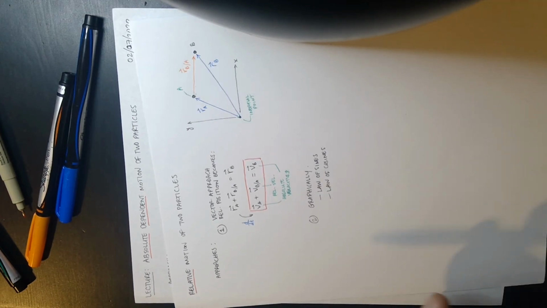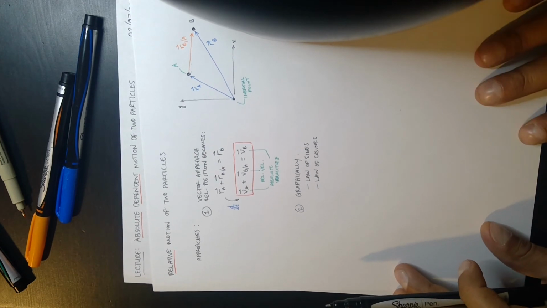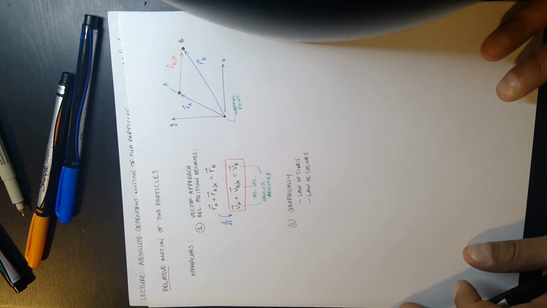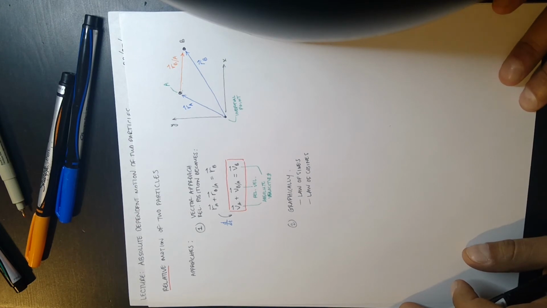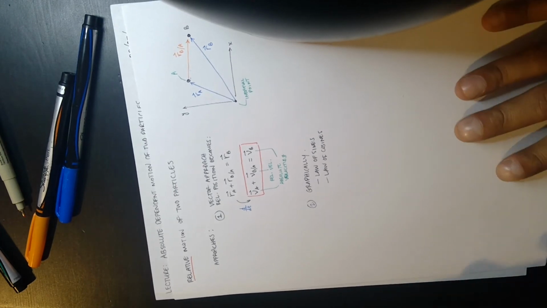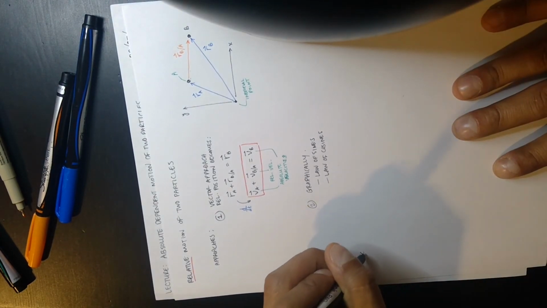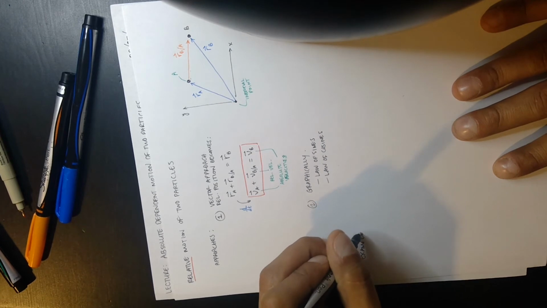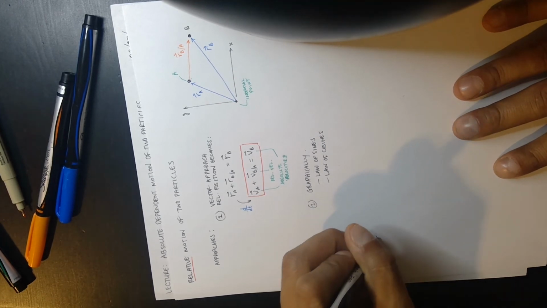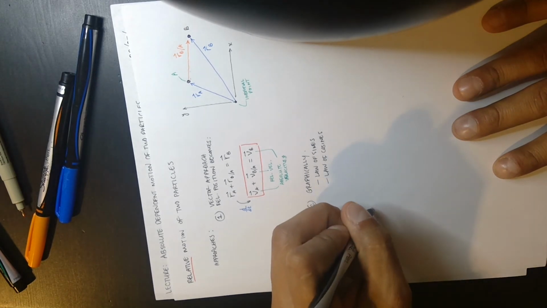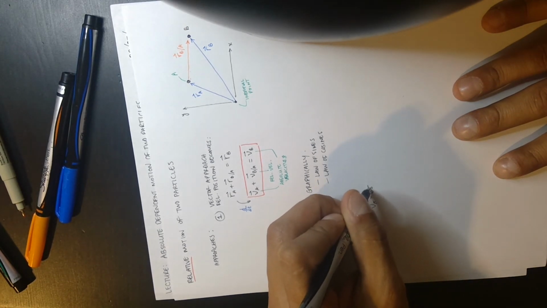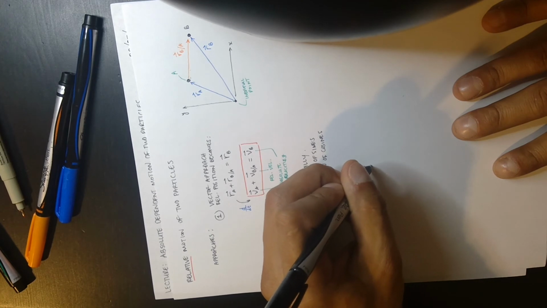So here in this example, on slide 9, we have the relative motion between two airplanes. One, plane A, is traveling at 650 kilometers per hour, and the other is traveling at a velocity of 800 kilometers per hour. So this is our second example. Let me highlight what we're given. VA is equal to 650 kilometers per hour.